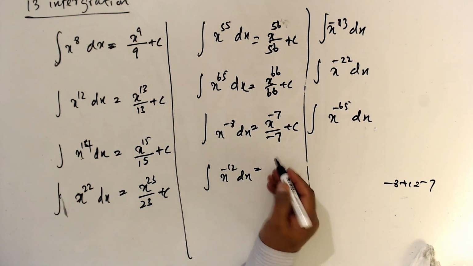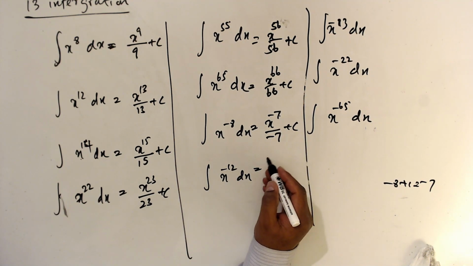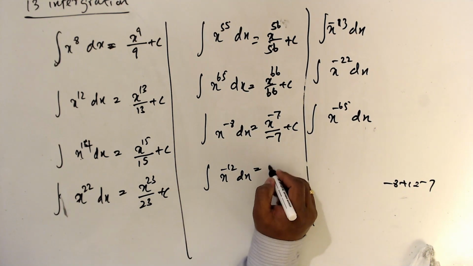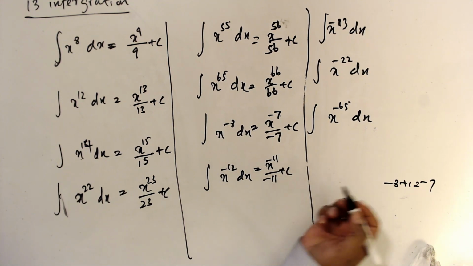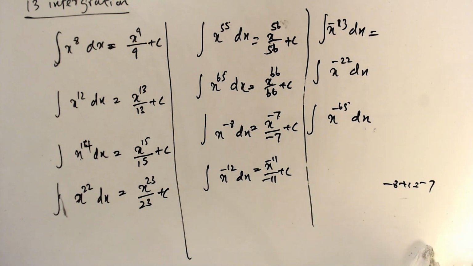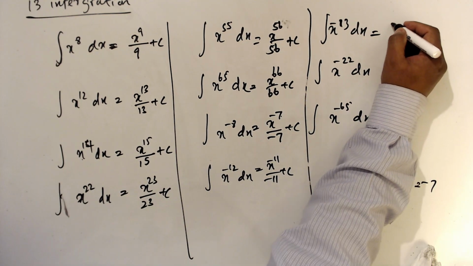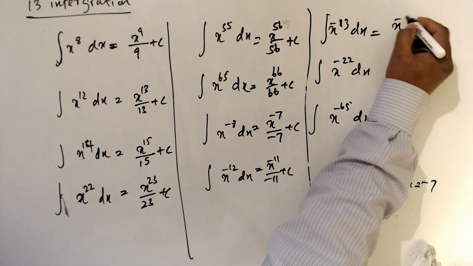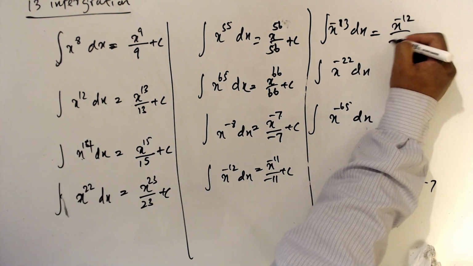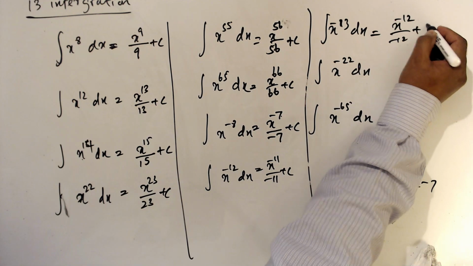Minus 12, add 1. It's not going to 13, it's going back. Minus 11. Divide by minus 11 plus c. And x^-13, add 1. When you add 1 to a negative value, it is reduced. So x^-12 over minus 12 plus c.